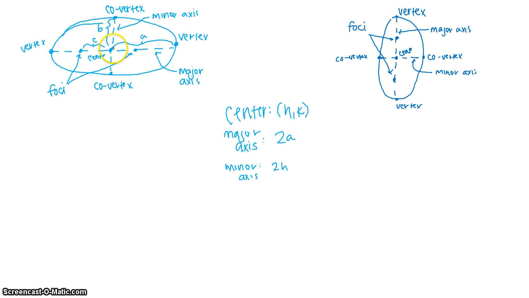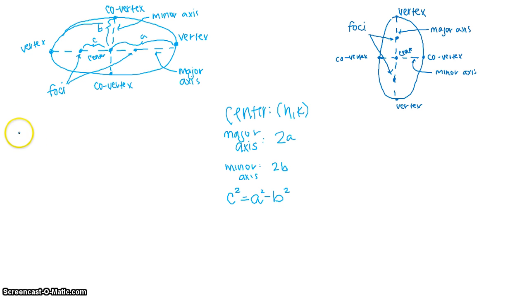Your minor axis is between the two co-vertices, and I know from co-vertex to center is b, so going to both of them would be 2b. The relationship between a, b, and c is similar to the Pythagorean theorem, but it's actually minus. The distance from my center to my foci, c, squared is a squared minus b squared.